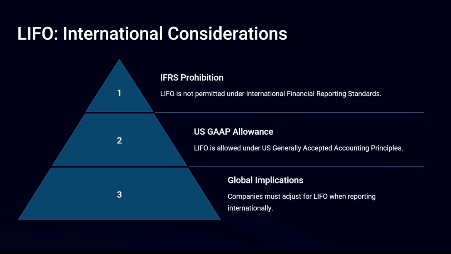So when a company that uses IFRS needs to report under US GAAP, they need to adjust their financial statements, and the opposite. If the company uses US GAAP, then they need to report their financial statements based on IFRS. So in this case, they need to make adjustments to meet the standard that they are following.